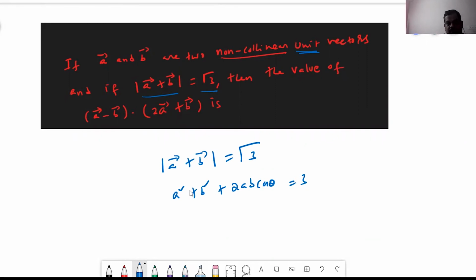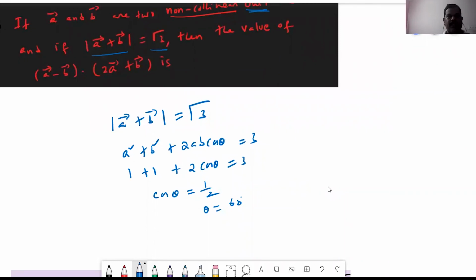Given the unit vectors, so 1 plus 1 plus 2 cos theta is 3. So this cos theta is 1 by 2, which means theta is 60 degrees. Because A is 1, B is 1, if I take 2 to this side, 3 minus 2 is 1.